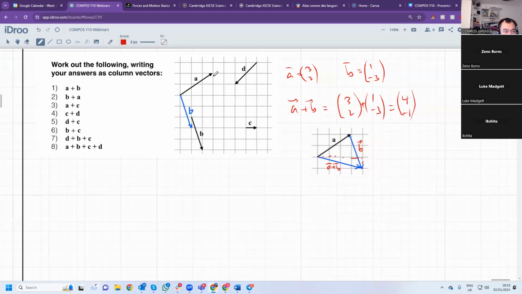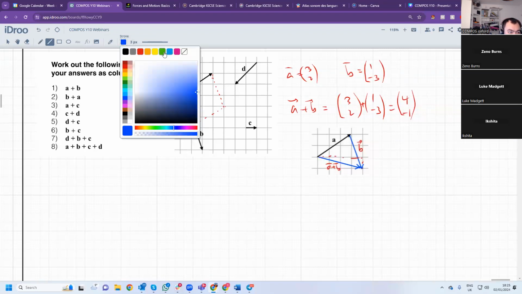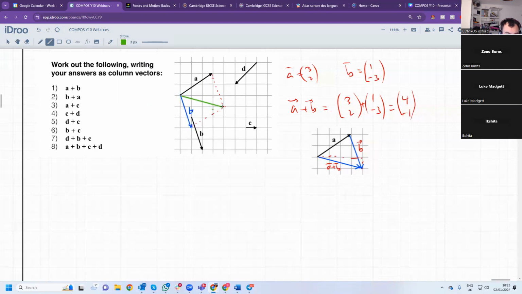Then you draw a parallelogram. And the diagonal of this parallelogram is the total. And as you can see, it's the same vector, (4, -1), A plus B.